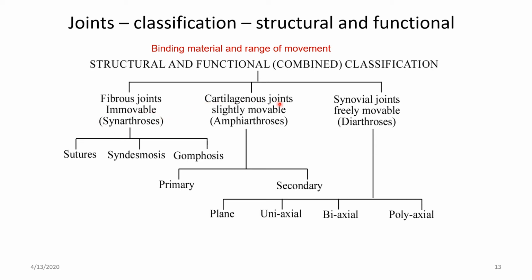Then coming to the cartilaginous joints, the binding material is cartilage, and functionally it is slightly movable and known as amphiarthrosis. Then synovial joints have a joint cavity. Functionally, they are freely movable and are known as diarthrosis.